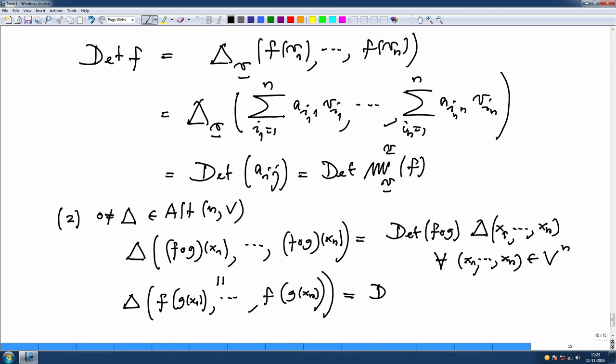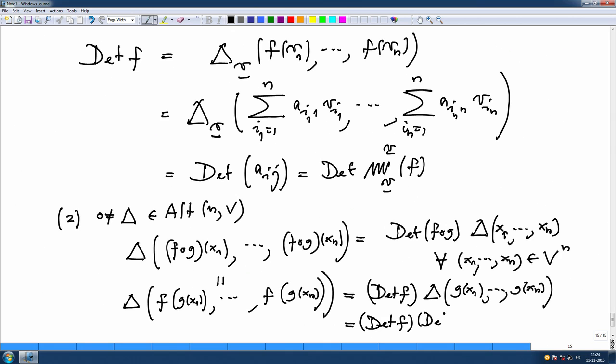So, this is determinant of f times delta evaluated at g of x1 to g of xn. And now I will take out g. When I take out g, the determinant of g will come out. So, this is equal to det f times det g times delta evaluated at the tuple x1 to xn, and this is true for all x1 to xn.